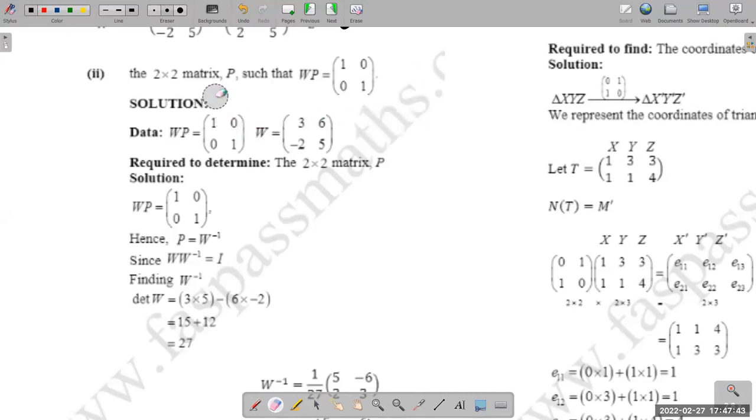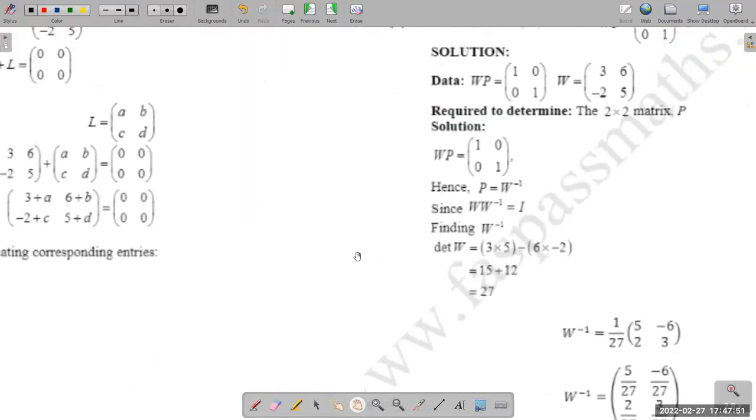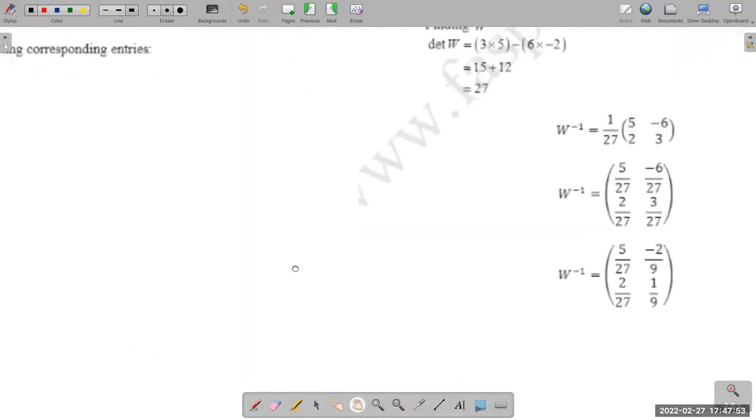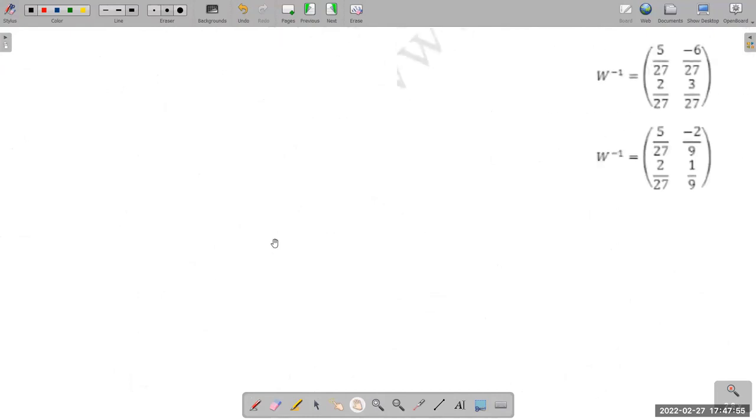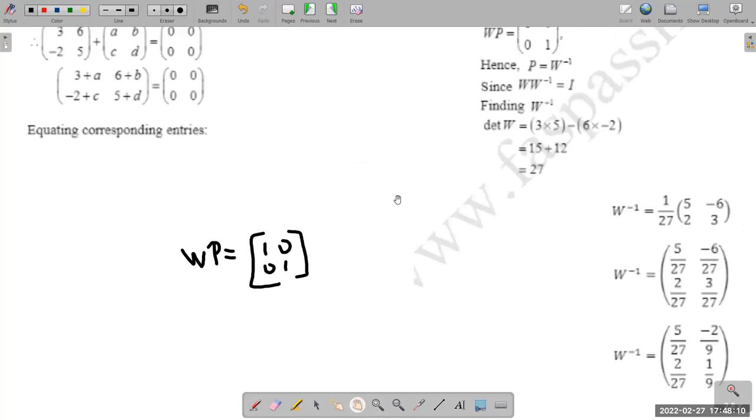So they say determine P such that WP is equal to that. We learned this before. So let's go. I'm going to go to the side rather than doing all of this. So we know they said WP is equal to what? 1, 0, 0, 1. Which one did they give us? They gave us W. So let's substitute that.